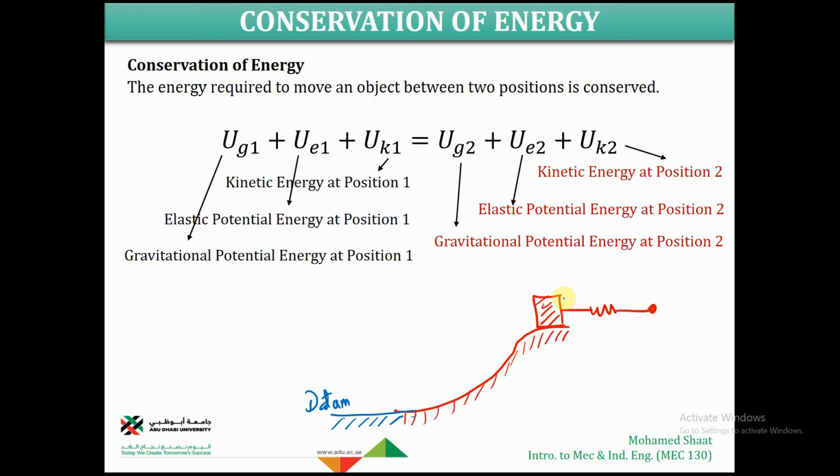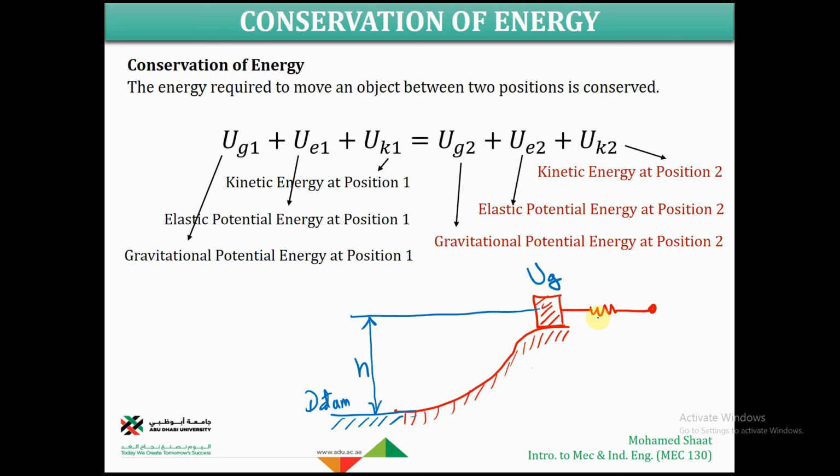If we just give a little bit of push, or even if we remove the ramp underneath this box, the box is going to fall down on the ground. So first of all, it has a potential to move down that comes from the gravitational acceleration. Why? Because it has a vertical height from our reference, our datum in that case. So it has a gravitational potential energy at this position.